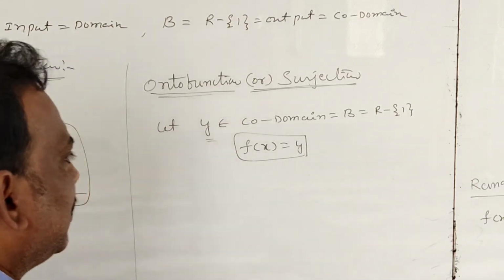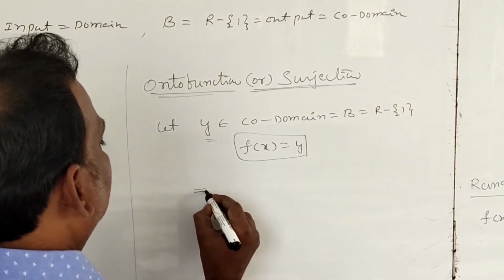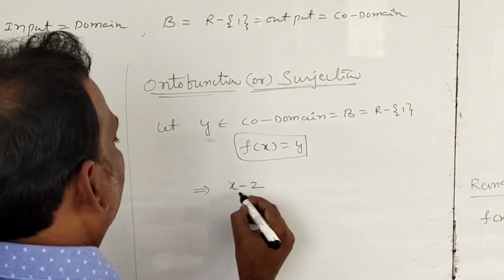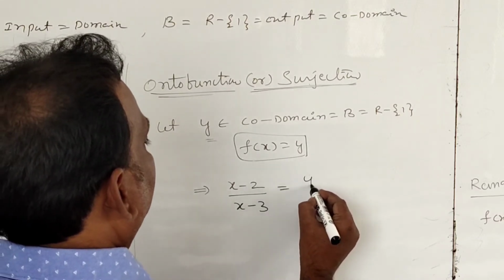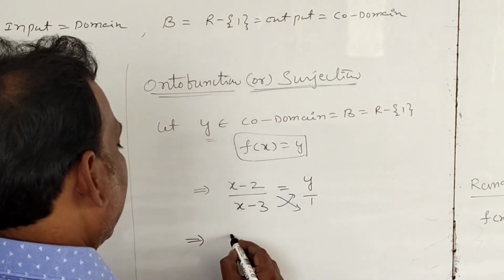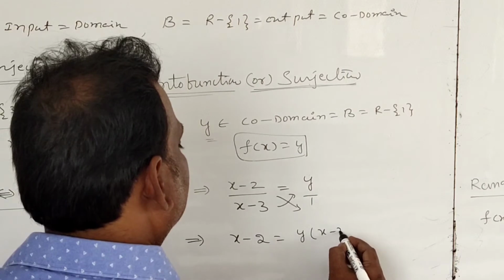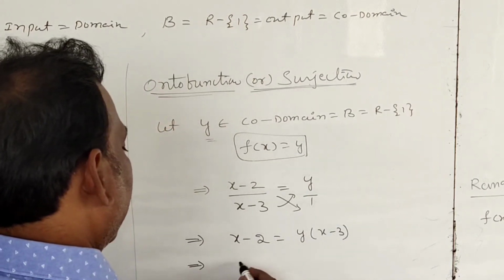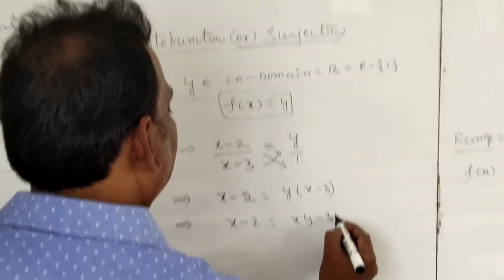So now I am checking it. What is f of x in the given problem? X minus 2 upon x minus 3, which is equal to y. I am taking cross multiplication here. So x minus 2 is equal to y into x minus 3. You can simplify: x minus 2 is equal to xy minus 3y.